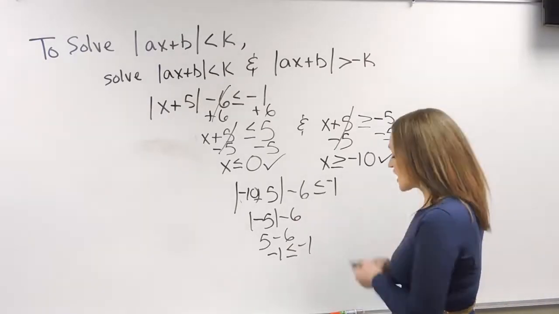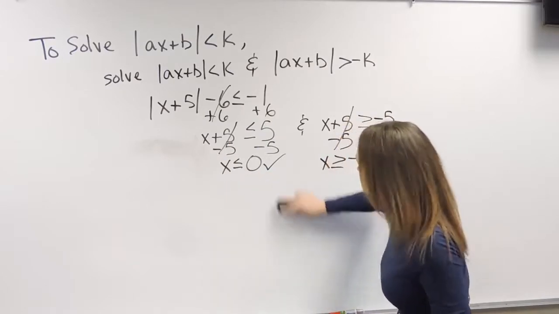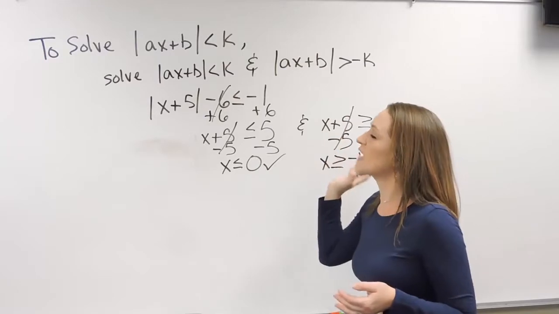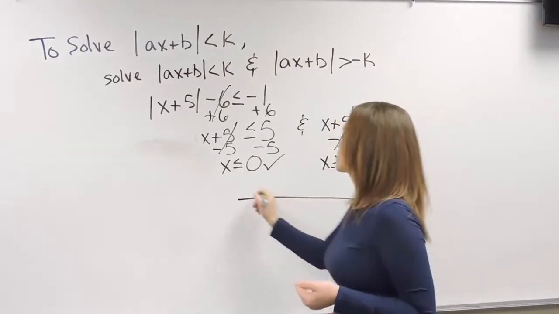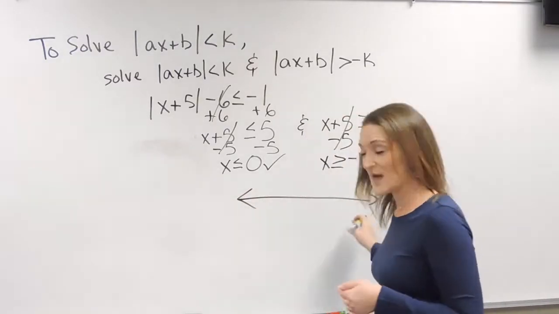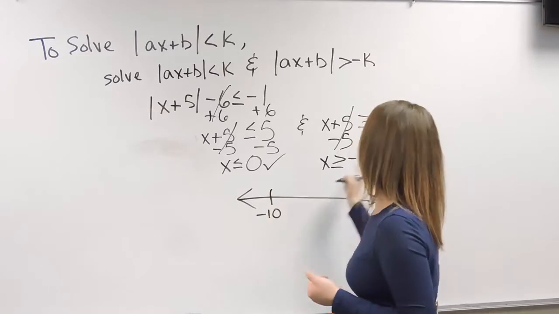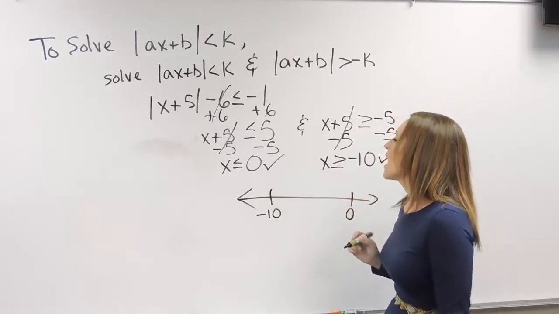When you're done checking your solutions here, you have one final step that you need to do. Almost always when solving absolute value equations and inequalities, a lot of times you do need to graph your answers on a number line. So if we do that, let's see, we're looking at the values negative 10, we're looking at the values 0, so I'm going to put those on here.